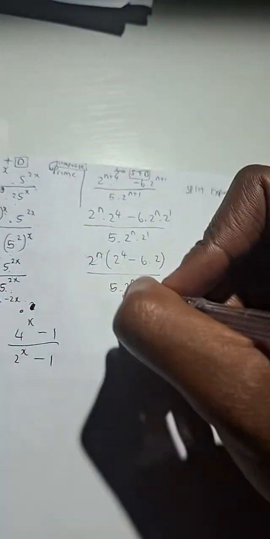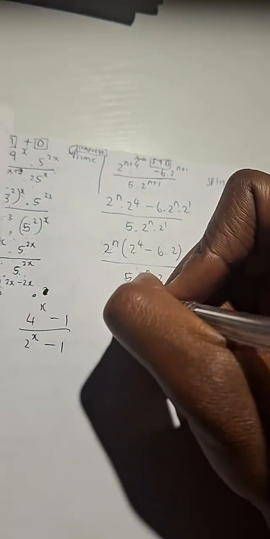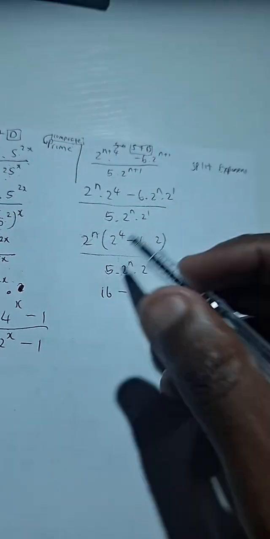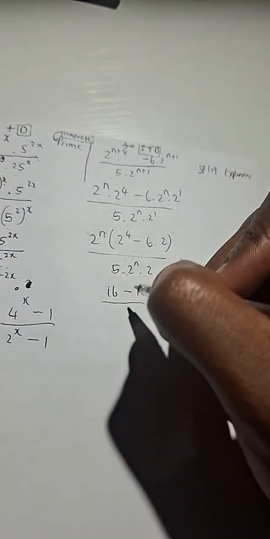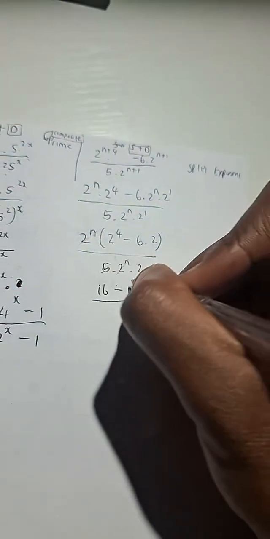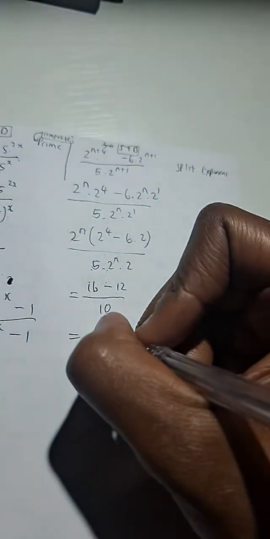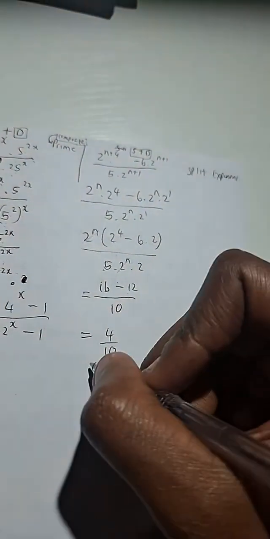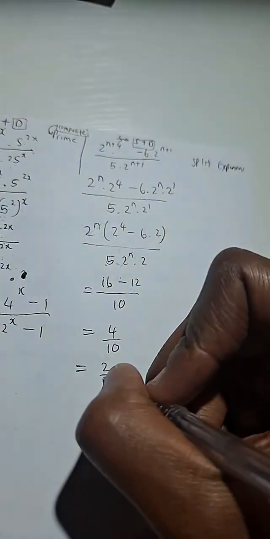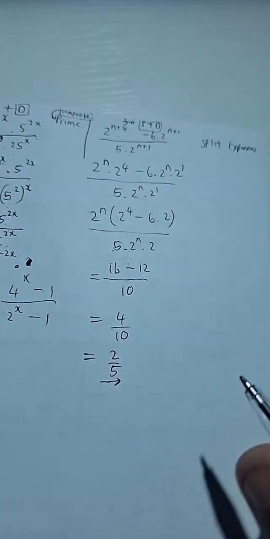What do we get left with at the top? 2 to the power 4 is 16. 6 times 2 is 12, so we have 16 minus 12. In the denominator, we have 5 times 2, which is 10. So what's 16 minus 12? It's 4 over what? Over 10. When we simplify, that is 2 over 5.